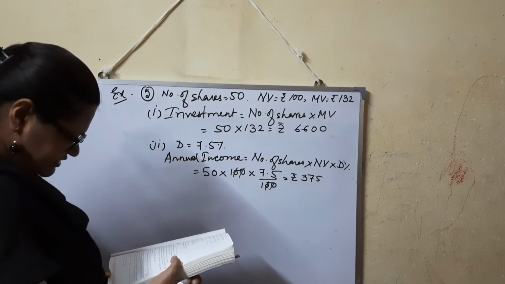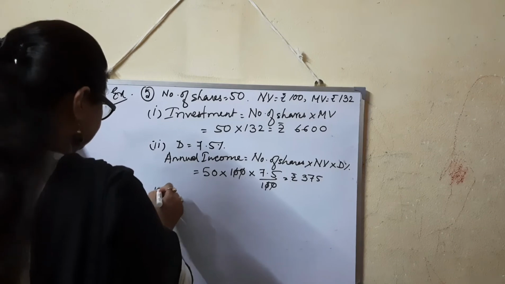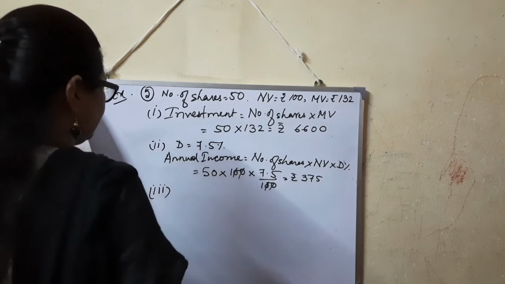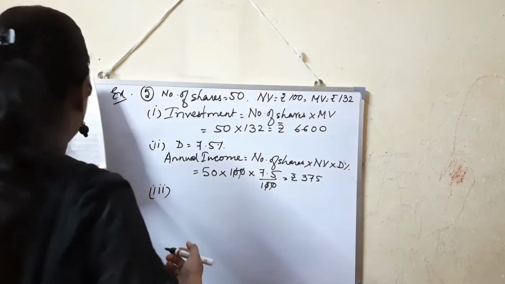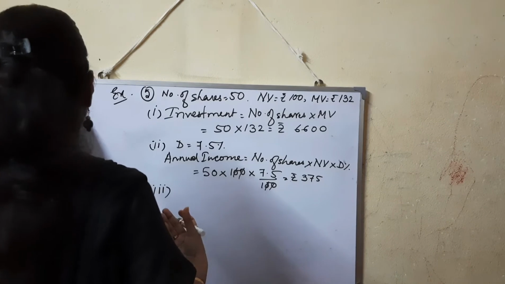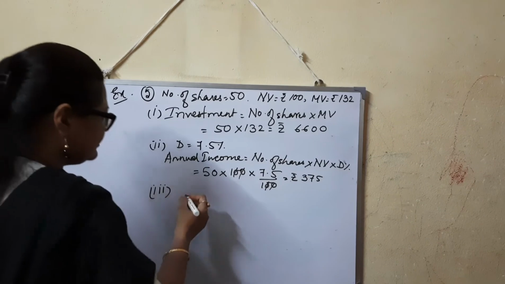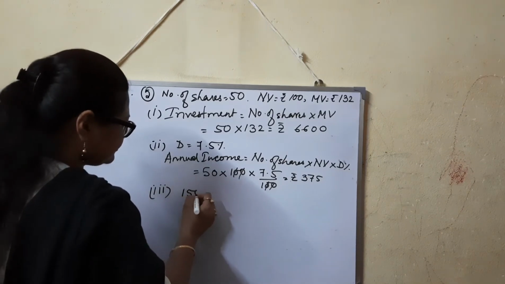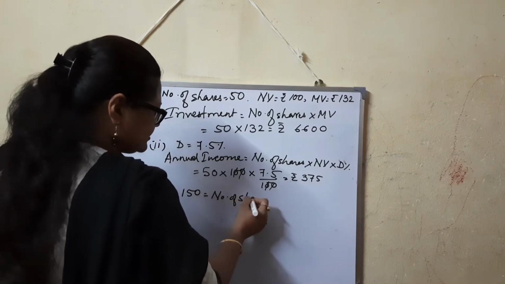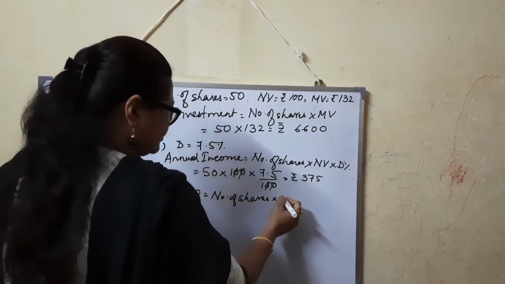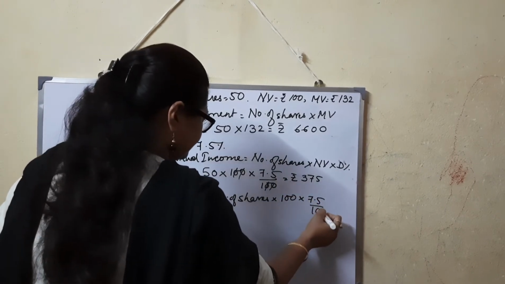Next part of the question states, if he wants to increase his annual income by 150, how many extra shares should he buy? Very simple. Here I take the annual income itself to be 150. How many extra shares? We don't know, we have to find it out. So number of shares, nominal value is 100 and dividend is 7.5 by 100.